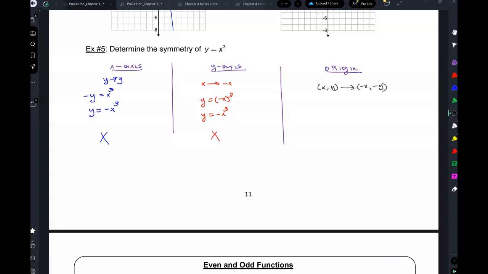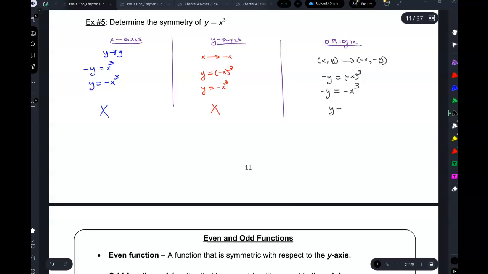So let's see. Negative y equals negative x cubed. Negatives cancel. Y equals x cubed. Okay, that does return the same function. So this is symmetric around the origin.